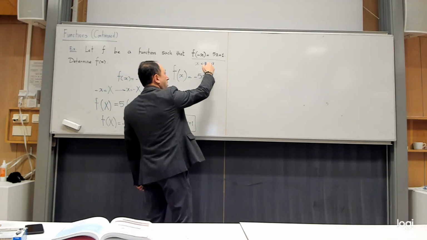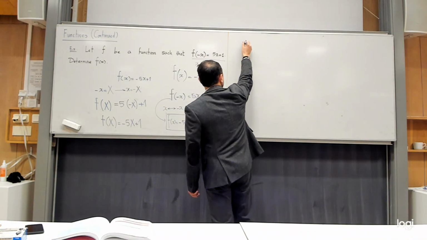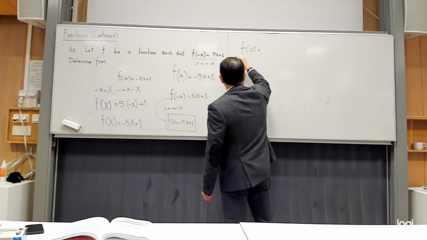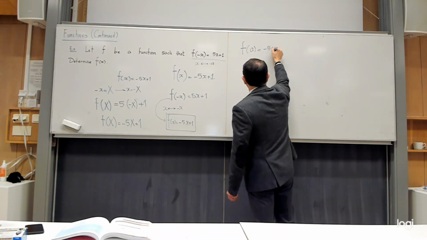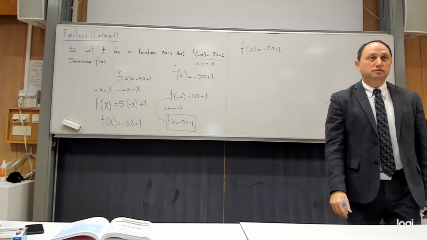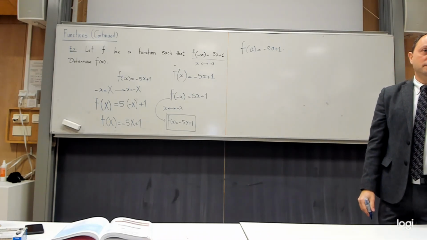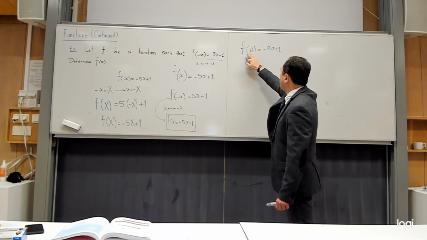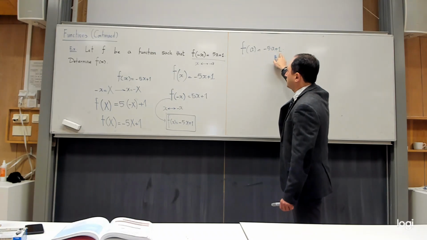I will choose minus a for x. Then what will happen? This becomes a, and then this becomes minus 5a plus 1. Okay, did you listen to me, yes or no? Finished? Okay, so the answer would be f of a becomes minus 5a plus 1.